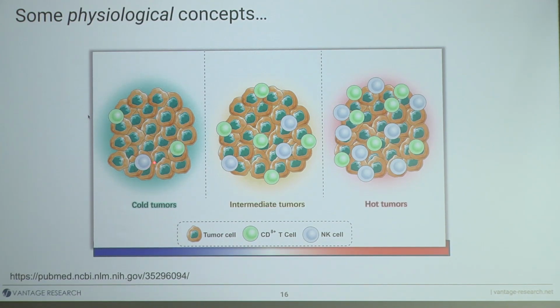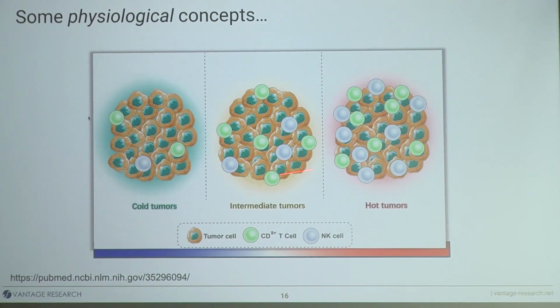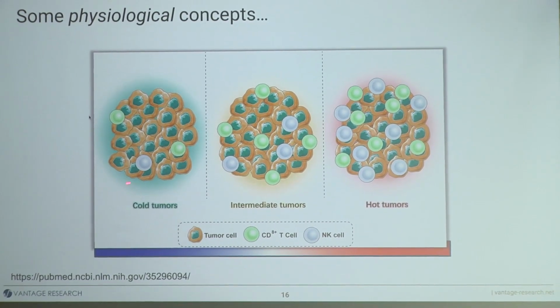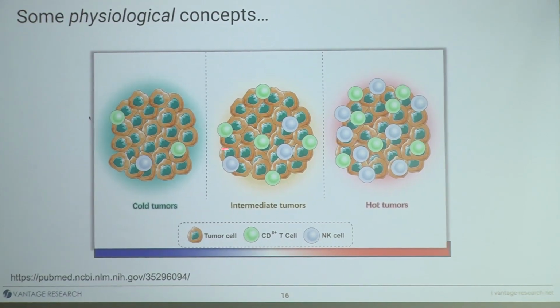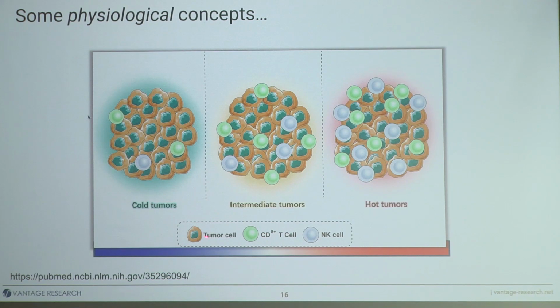Now let's zoom back down, because we were talking about how the immune system can respond to the tumor. Each patient can have multiple lesions, and these lesions can be of different varieties as well. I think there was one slide to this effect yesterday as well. So when you look at these tumor cells, in a lesion you can have a lucky lesion where there are a lot of immune cells.